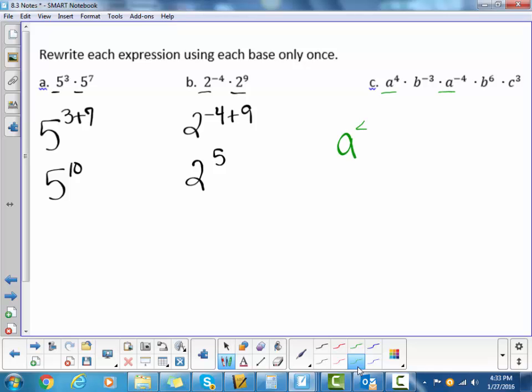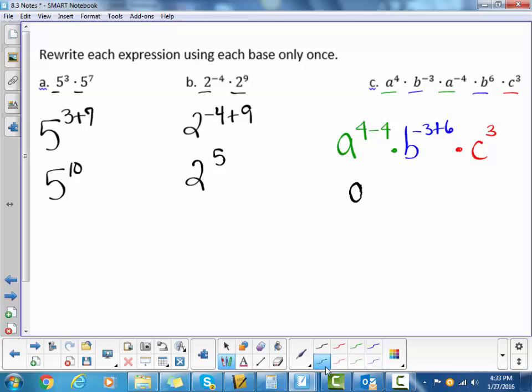In our third example, I'm combining my bases. I find the bases that are the same. I have a to the positive 4th power and a to the negative 4th power. I add those together. I also have b to the negative 3rd and b to the 6th, and then I have c to the 3rd. So I'm only combining the like terms, or the bases that are the same.